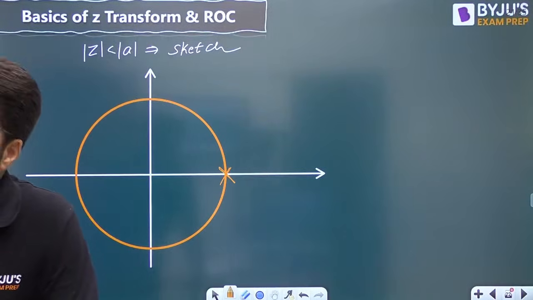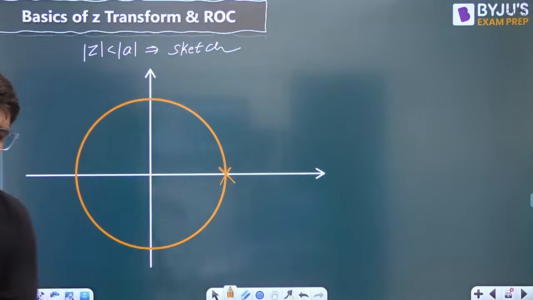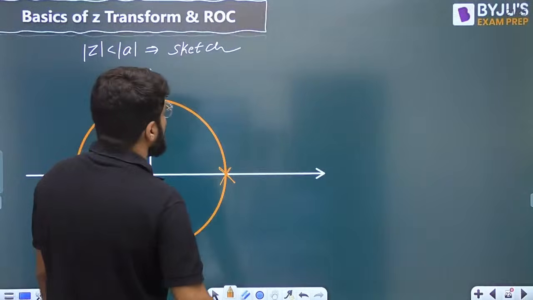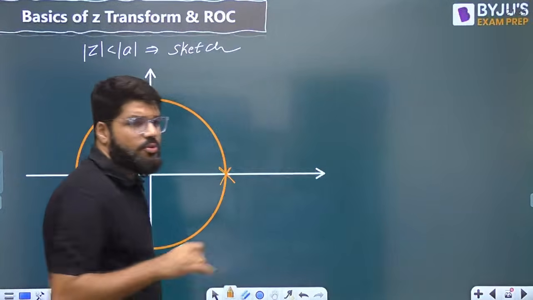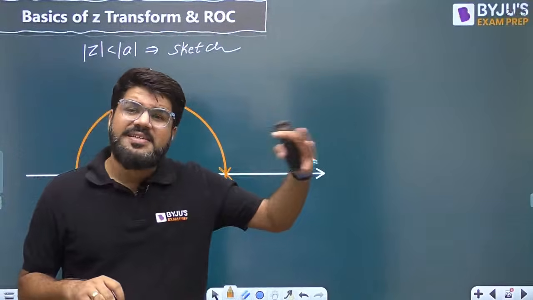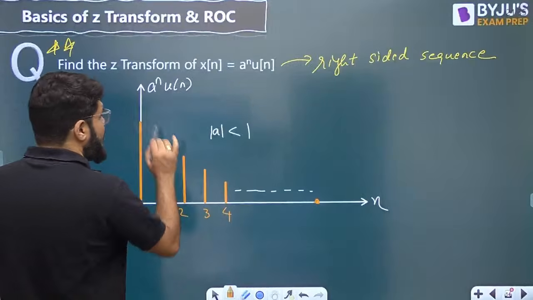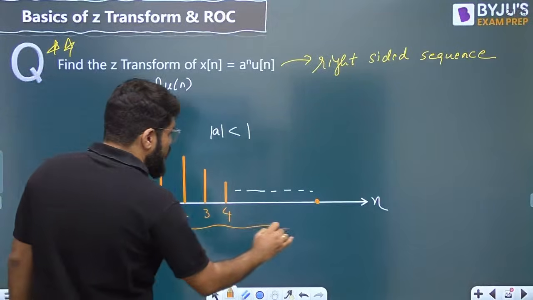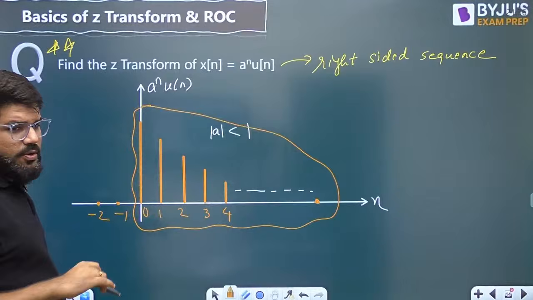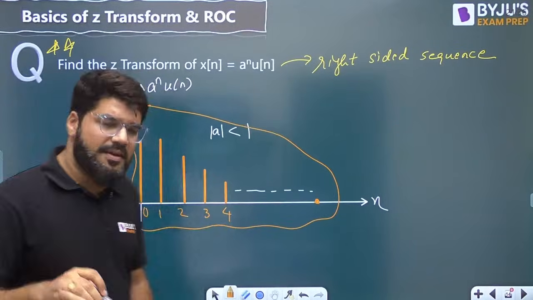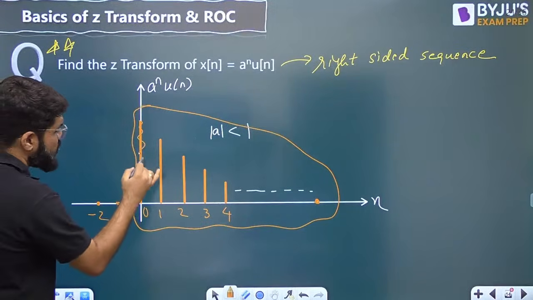See, u[-n] is also left-sided, Saumitya. When you want to talk about u[-n], it will start from the origin. We have already defined in discrete time that u[n] starts from the origin, n equal to 0. If you take u[-n], that will also start from the origin.